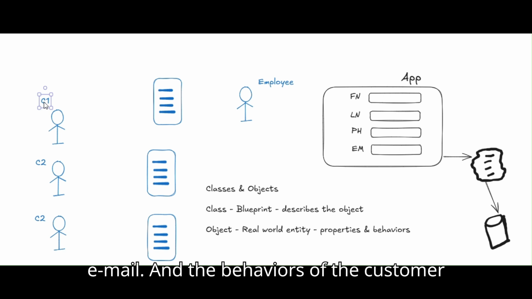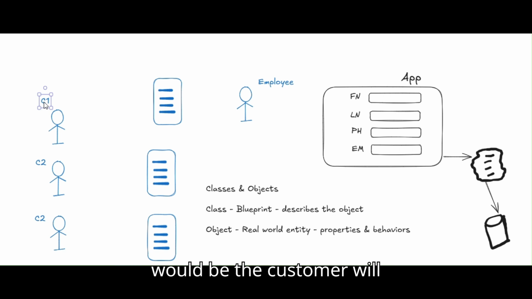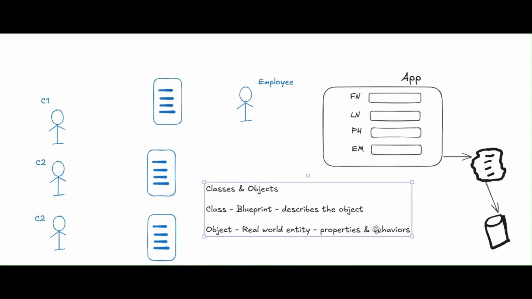And the behaviors of the customer would be: the customer will log in to the bank application, the customer is going to transfer an amount to a different account, the customer can update his details. All these are behaviors of the customer.